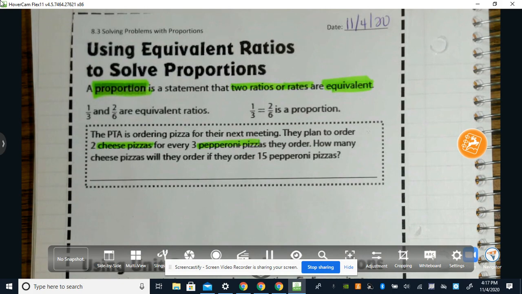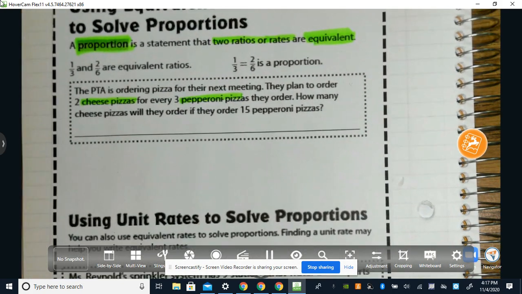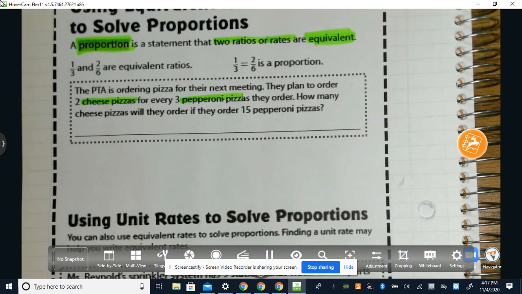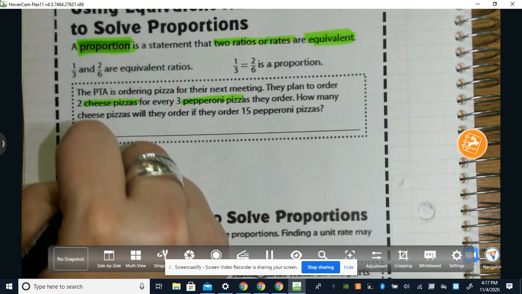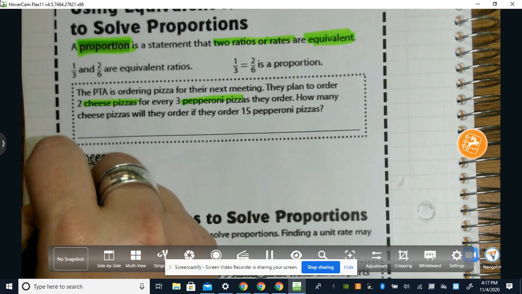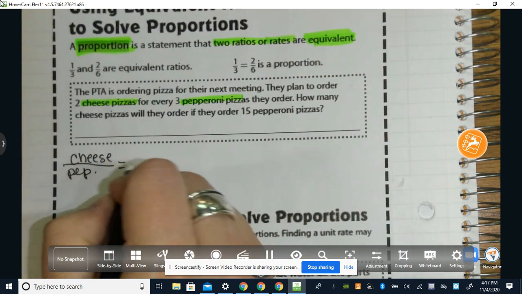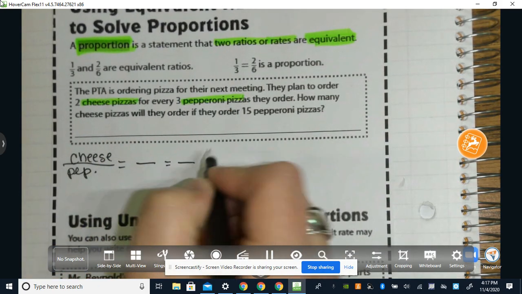All right? So in words, how are we going to set it up? Just like what we did with our models, our tables, our making things equivalent, doing unit rates. We set it up with words. So my words, I'm comparing cheese pizzas and pepperoni. All right. What do I know about cheese pizzas and pepperoni pizzas?